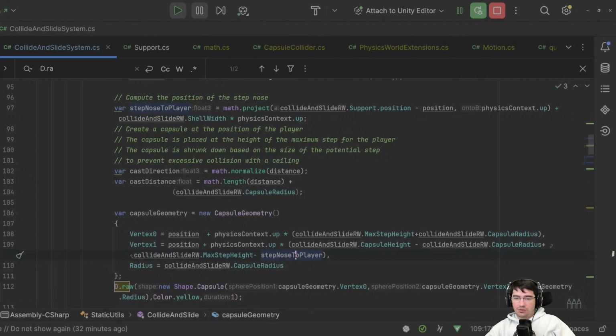Is this computation okay? At least I'm projecting the position point to my character position on the up vector, and then adding the shell width to be perfectly on the ground.